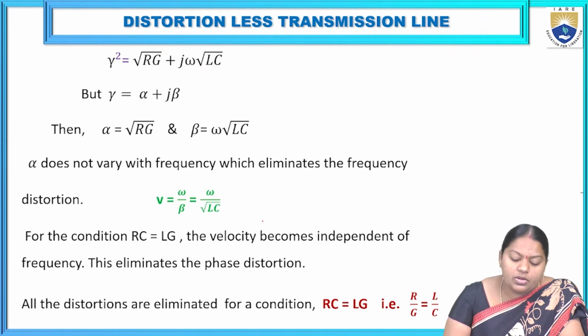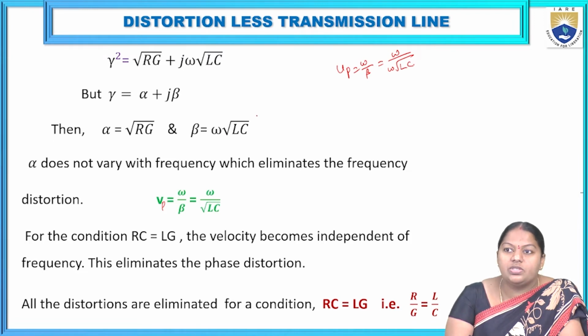As we know, the phase velocity or wave velocity can be defined as Vp = ω/β, which is equal to ω/(ω√(LC)). Why? Because if we substitute β = ω√(LC) for the distortionless transmission line, the ω gets cancelled, and Vp = ω/β = 1/√(LC).